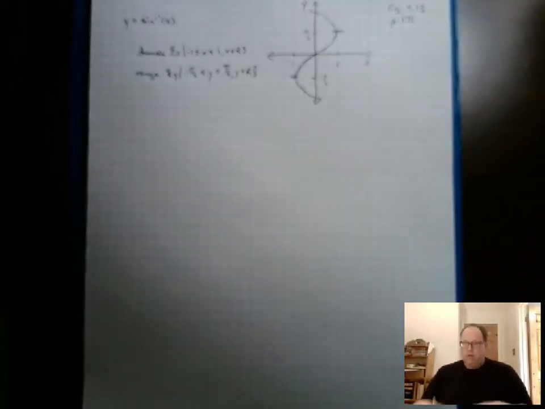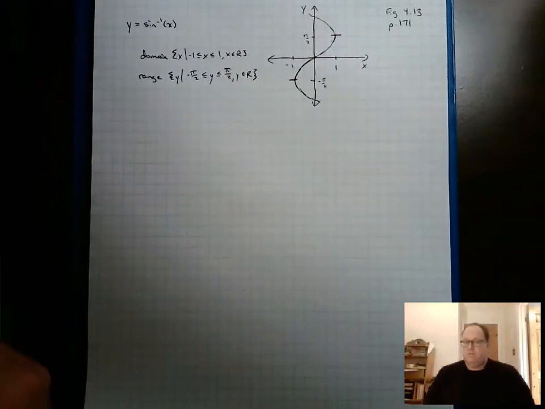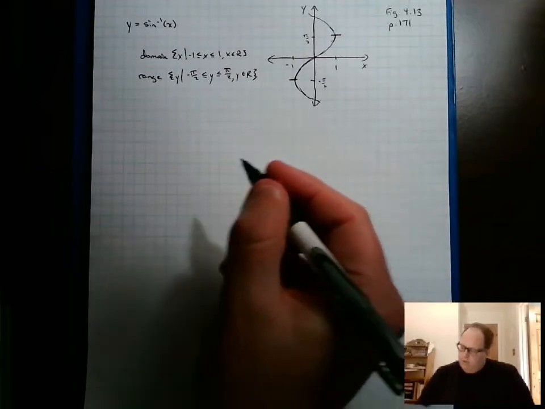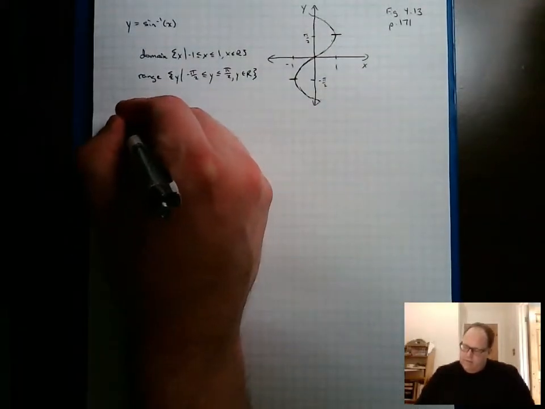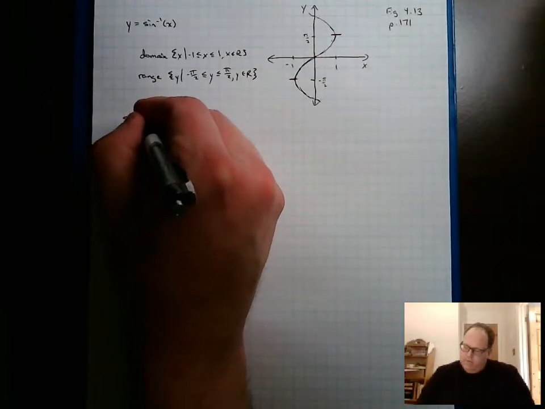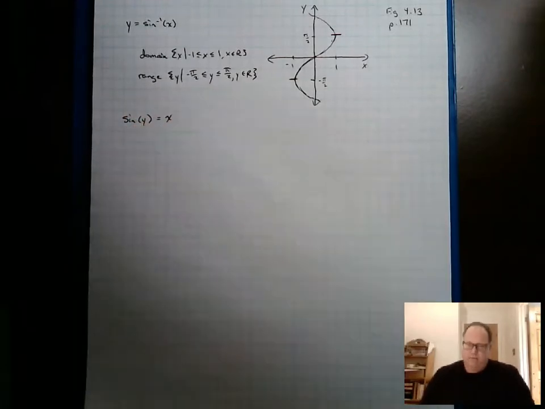Okay, so this is our function. How do we talk about its derivative? Well, we do a little trick in that I take the sine of each side of this thing. Sine of y should equal x. Now, what I can do is use our work with implicit differentiation. I take the derivative of each side of this function with respect to x.